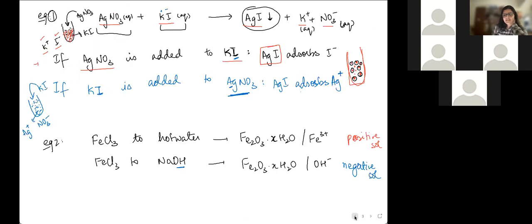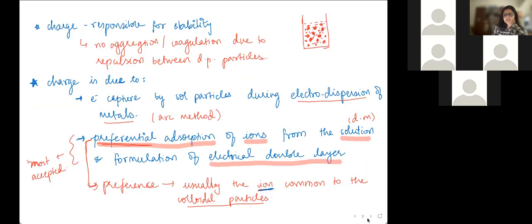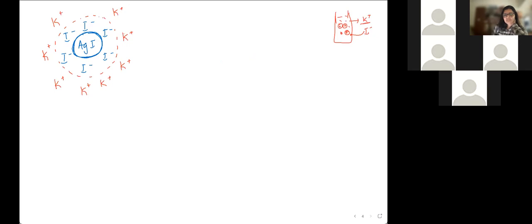So what is it exactly? Electrical double layer. You see there are two electric charges, like two layers. This is layer 1 and this is layer 2.